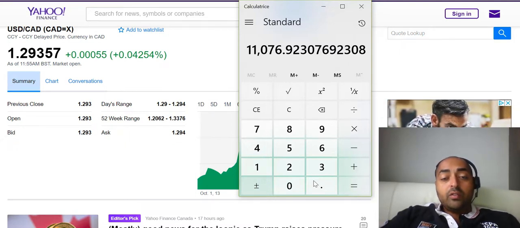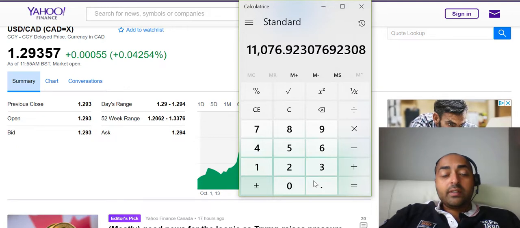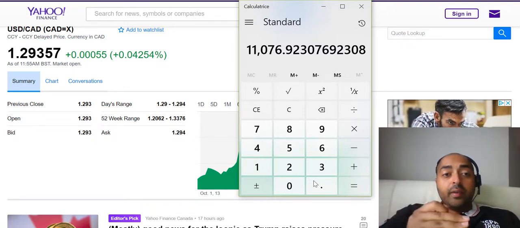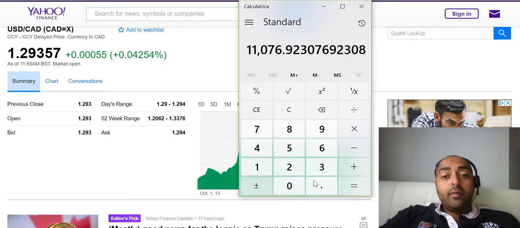So what I think is more important is to keep track of your conversions. If you convert from Canadian to US at 1.3, make sure that when you convert back to Canadian, you convert at 1.3 or higher. And if you don't think it's possible to convert back at 1.3 or higher, then maybe it's not the right time to convert to US.